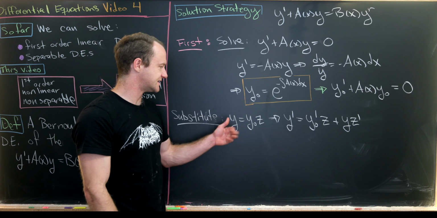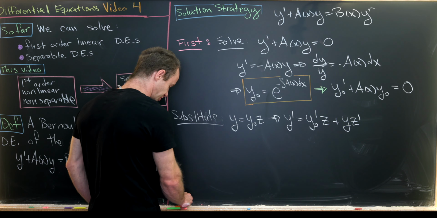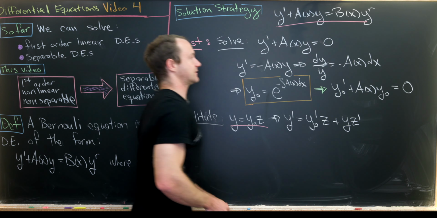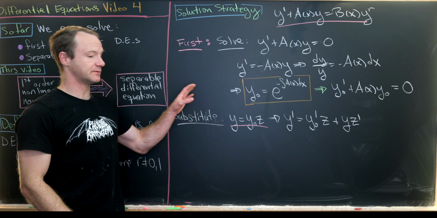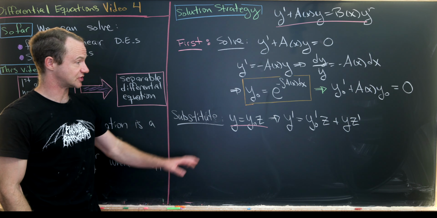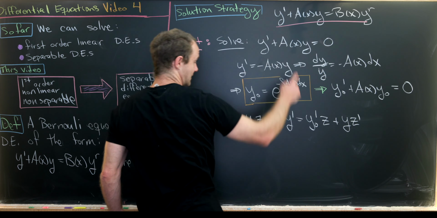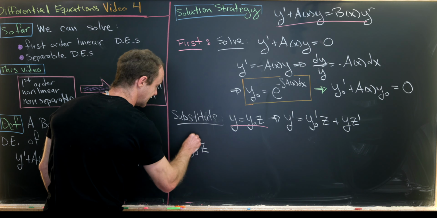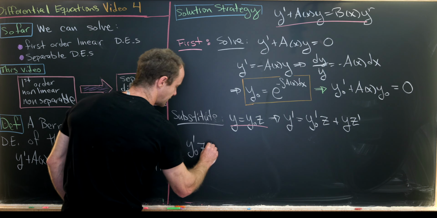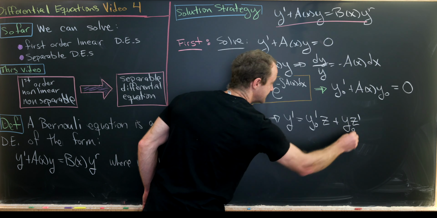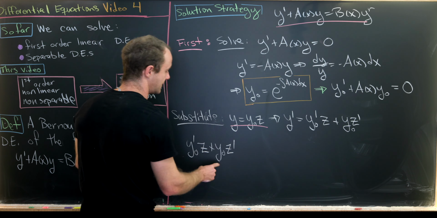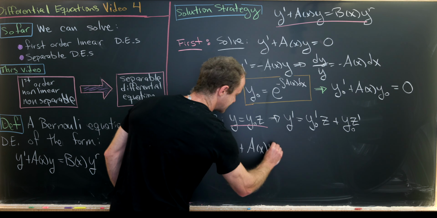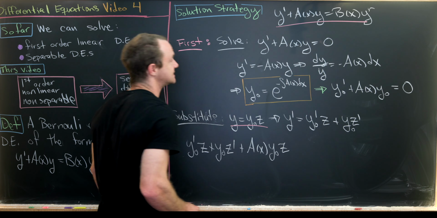And now let's insert this substitution for y into our original differential equation. Not the homogeneous one, but our original differential equation. So let's see, the y prime term can be written like this. We have y naught prime times z plus y naught times z prime, so that's y prime. And then we have plus a of x times y naught times z.